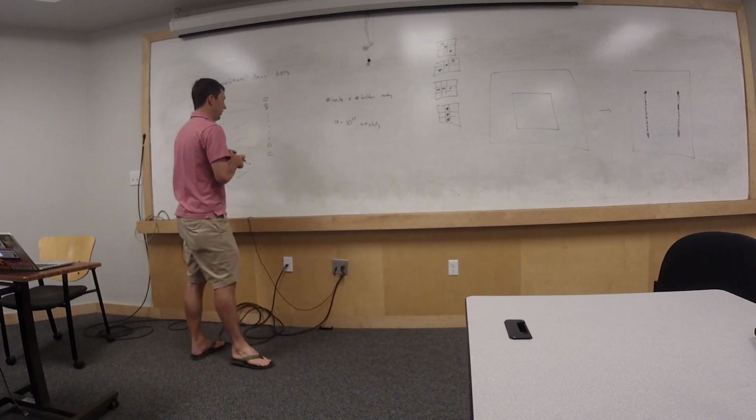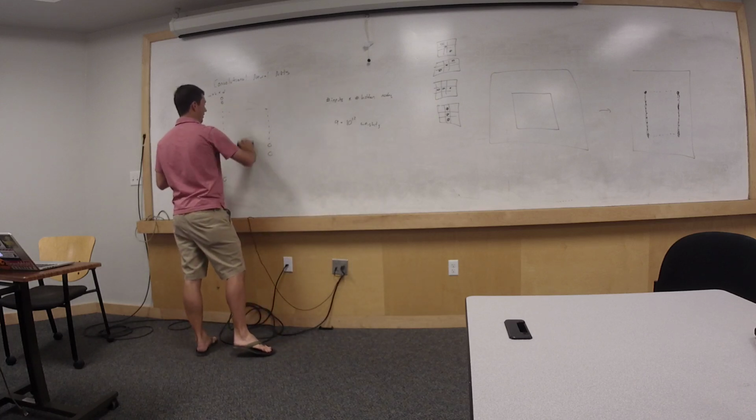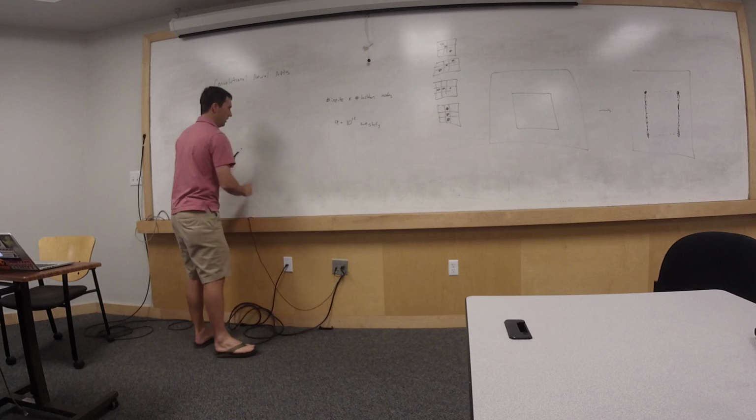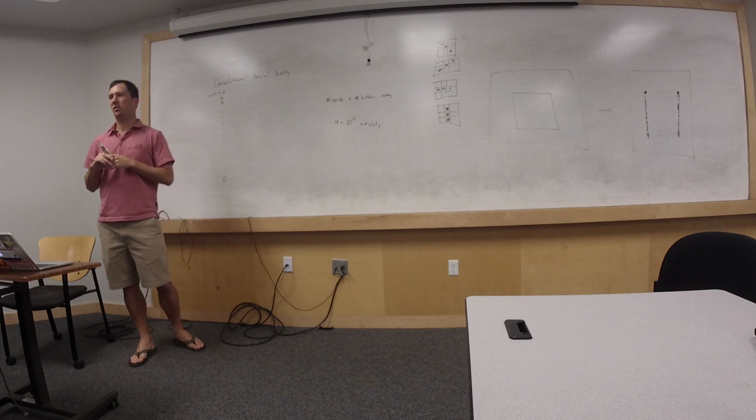So a convolutional neural network, I don't know how best to draw this. So I'm just going to draw one of these filters, kind of what it would look like.